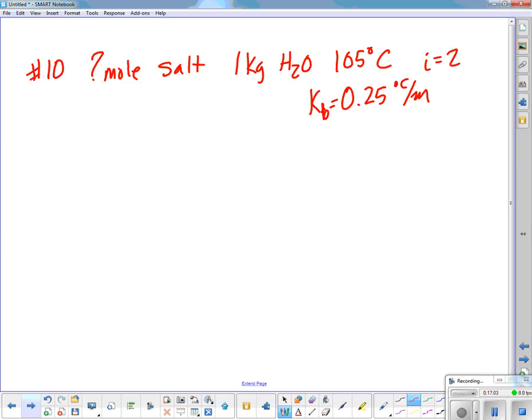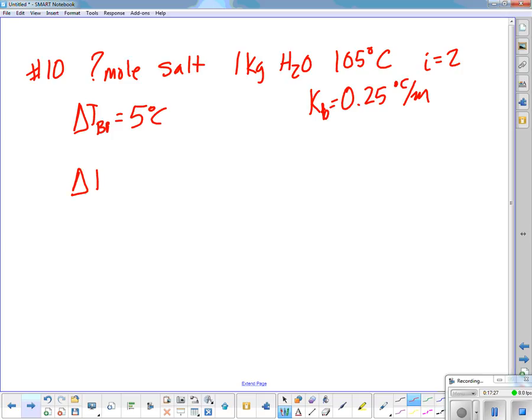Okay, so what's my delta Tb? 5. My original temperature was 100. Now I've moved up 5, so my delta Tb is 5 degrees. It wants to find moles, but I'm going to find molality first because that's easiest.